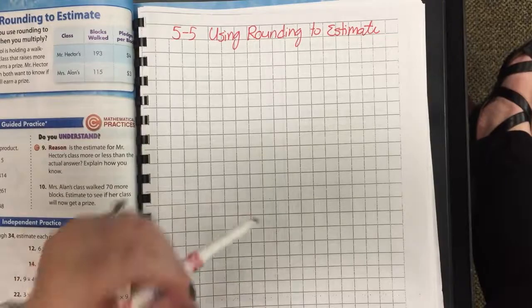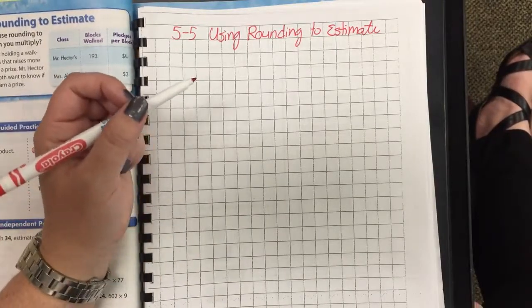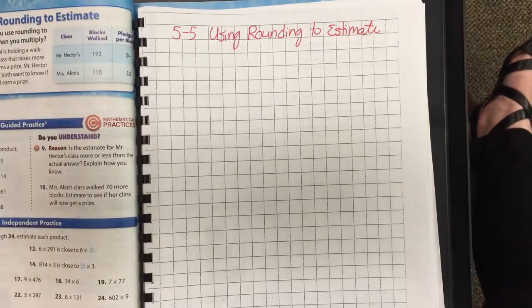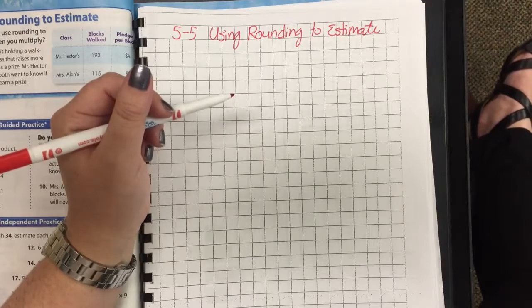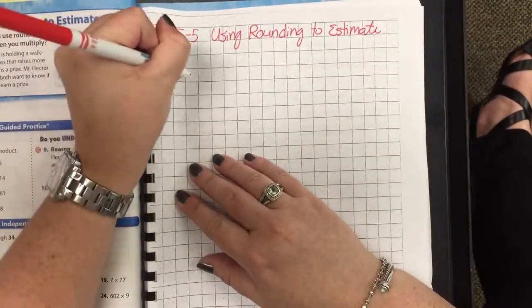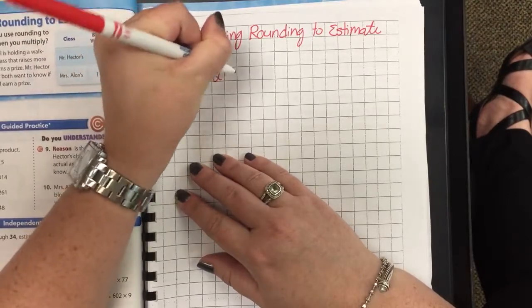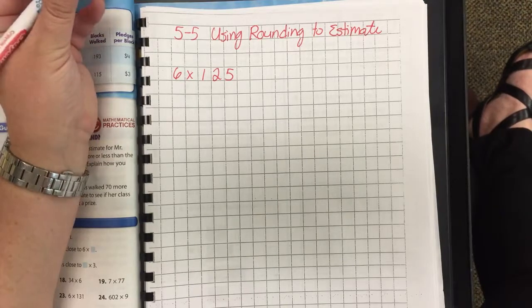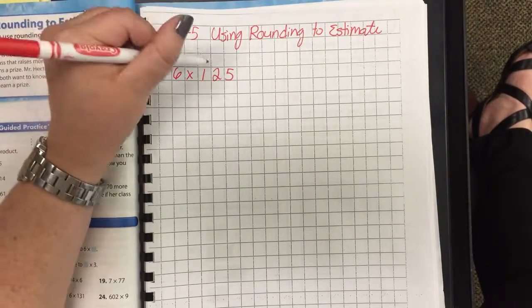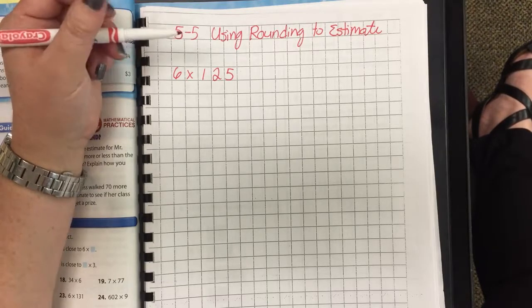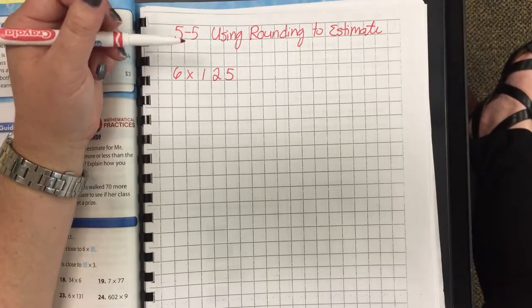So we are going to be solving some multiplication problems by estimating. And when we're estimating, we're basically trying to get as many zeros as we can. Let's say I have 6 times 125. If the number is in the hundreds, I'm rounding it to the hundreds. If the number only goes up to the tens place, I'm rounding it to the nearest 10.